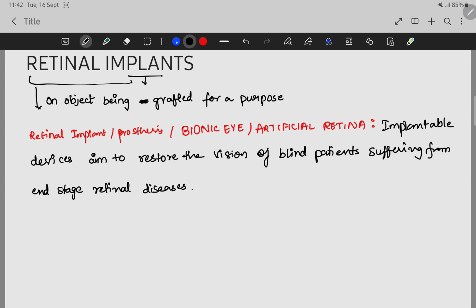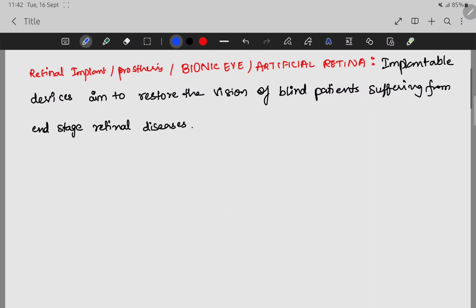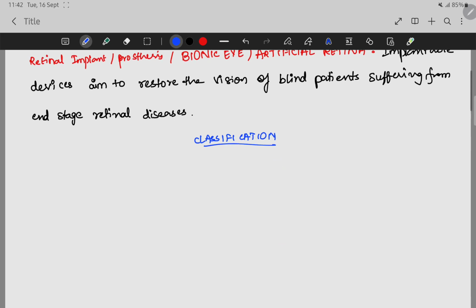So coming to its classification, based on stimulation and based on site of implantation.